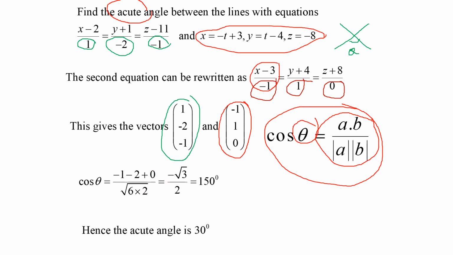In this case, your theta is 150, right? Because it's clearly stated here that it is an acute angle, you need to find the corresponding angle to 150. So 180 minus 150, you will actually get the acute angle which is between these two lines.